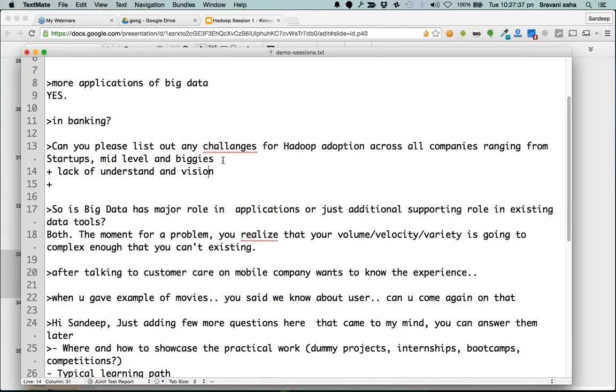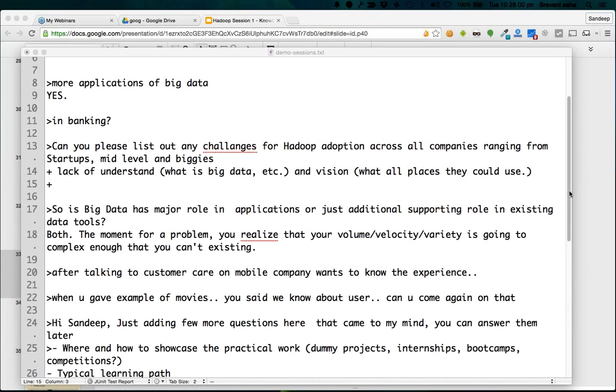Lack of understanding, that is, what is big data and how can it help? Vision is what all places they could use it.